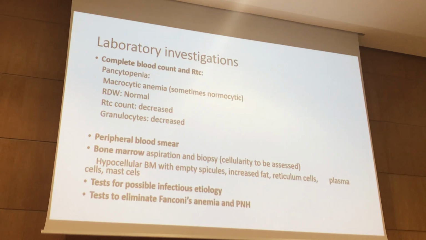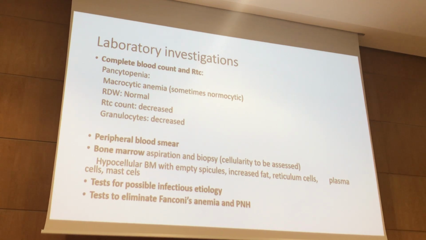Lab investigation, of course, there will be pancytopenia or single or dual cytopenia. The anemias are usually macrocytic, neither microcytic, sometimes maybe normocytic. Red cell distribution width is normal. What does it mean that RDW is normal?